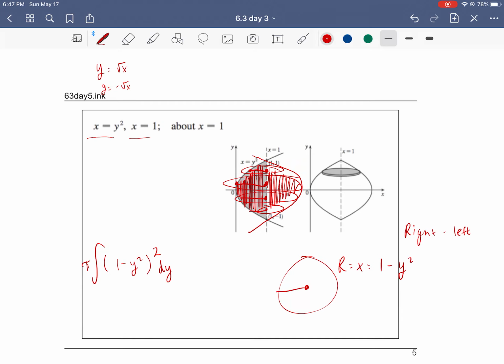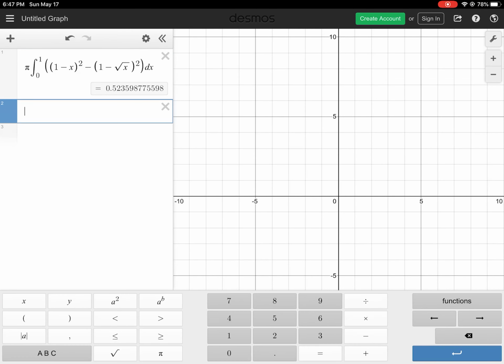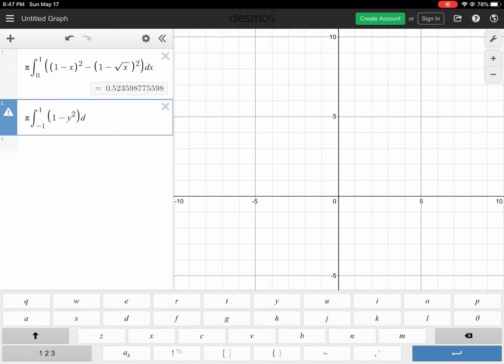There's y's on the inside, so we go bottom y value to top y value, and that's going to be from -1 until +1. That's 4.19.